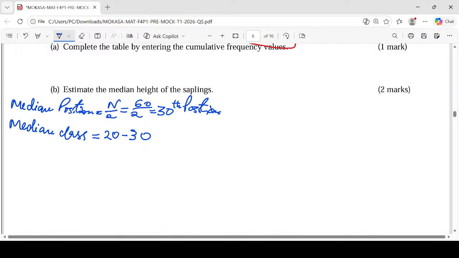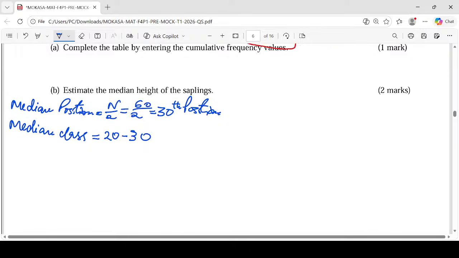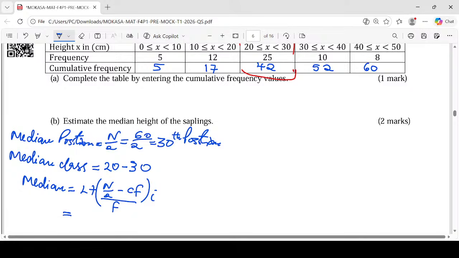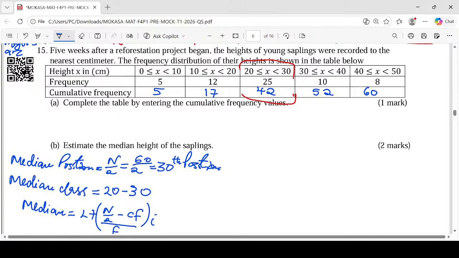But now because we are estimating the median, let's apply the formula that median is given by L plus N over 2 minus CF over F times the interval I. Applying that, what will be our value of L? This is a question that will give learners a big challenge. Look at this: it ends with 10 and starts with 10, ends with 20 and starts with 20.